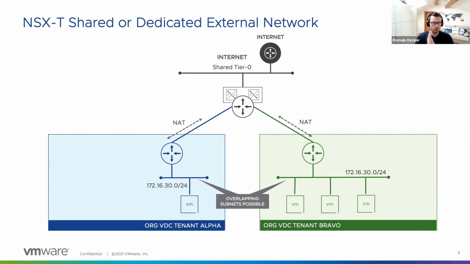If I remember correctly, in VCD 10.0 we introduced the ability to import an NSX-T T0 in a shared mode to connect edge gateways, meaning you can have a single T0 that connects to the internet or a different network, shared amongst multiple edge gateways from the same tenant or different tenants.